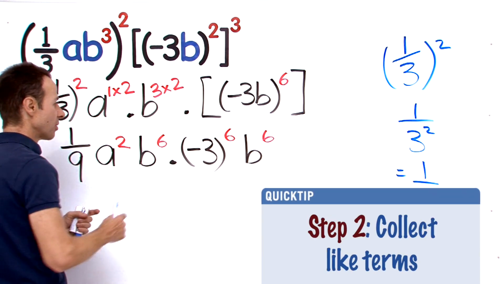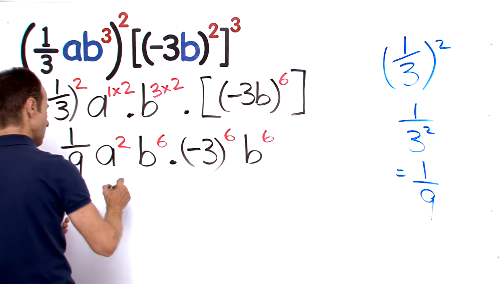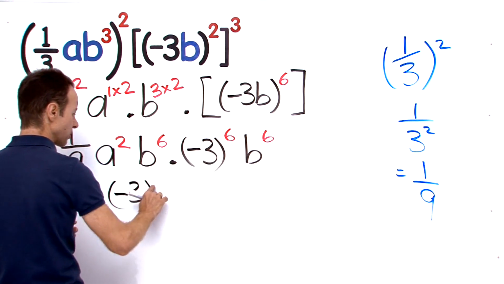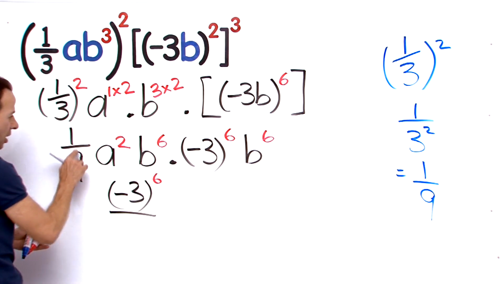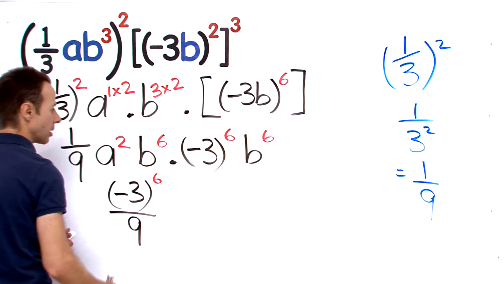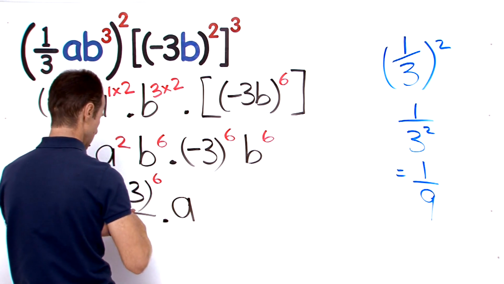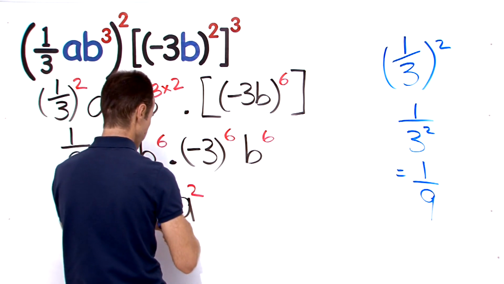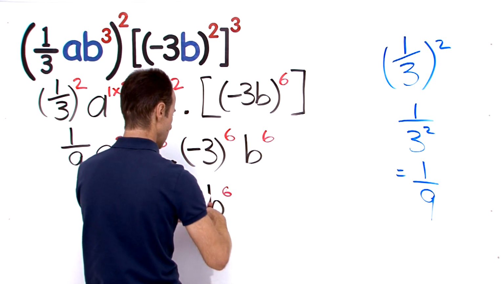So negative 3 to the power of 6 goes on top of 9, because the 9's the denominator, multiplied by A squared. Let's bring these two B's together: B to the 6 and B to the 6.